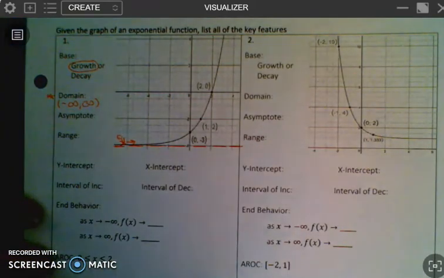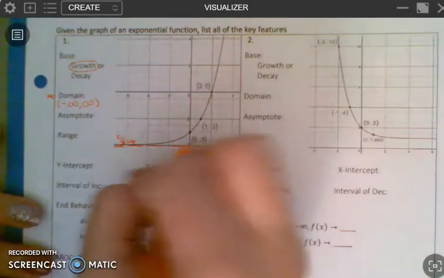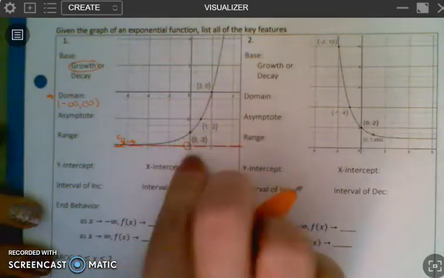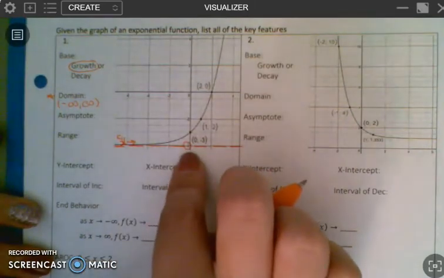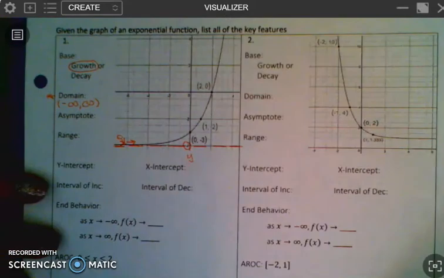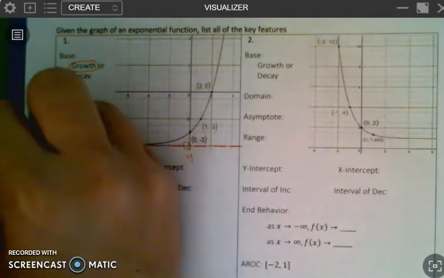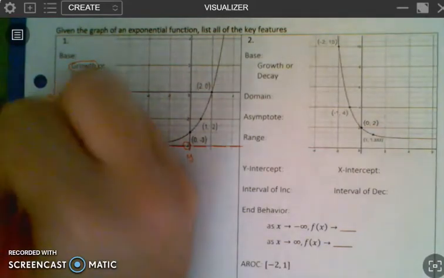So your asymptote is where it's approaching. And you cannot touch or cross the asymptote actually. So on this one, my invisible line is on 4. It's going through the y-axis, so my asymptote is going to be y equals 4.